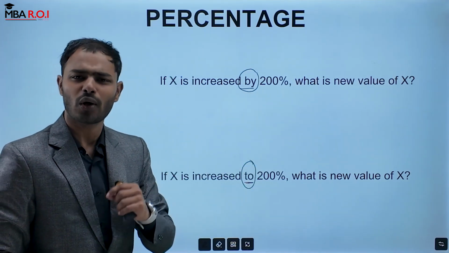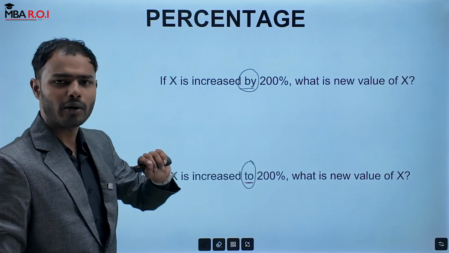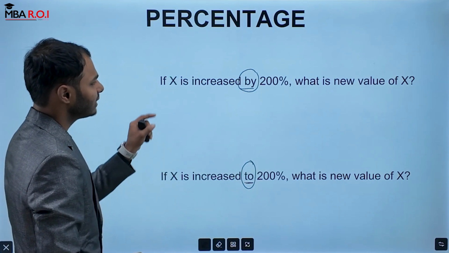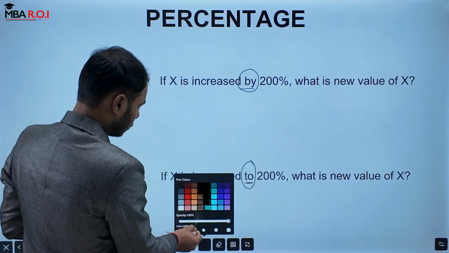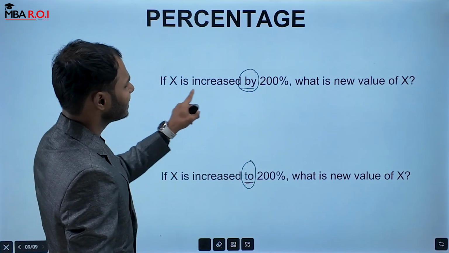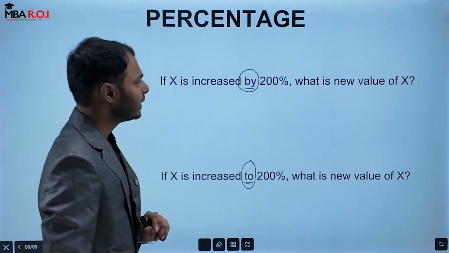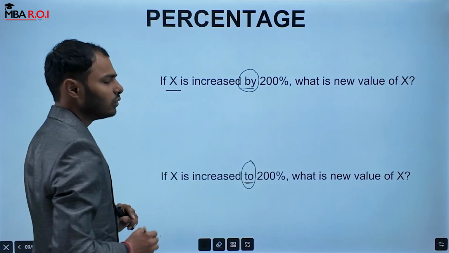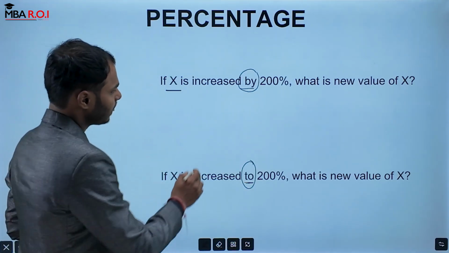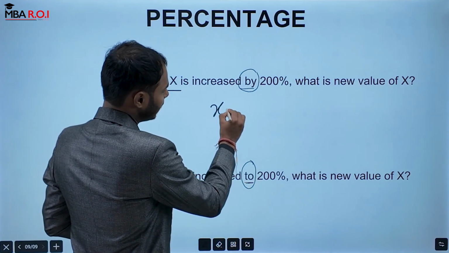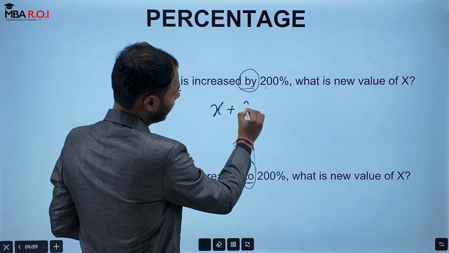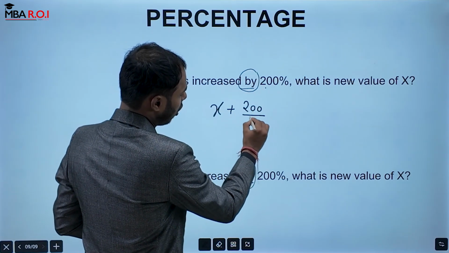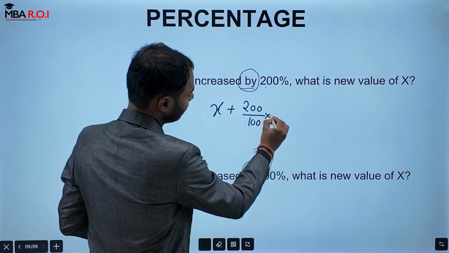So you have to be very careful with these types of questions. How are we going to solve them? Let's talk about the first question, where you have this increased by. Whenever you have increased by, in the initial value, which in this case is x, we are going to add 200% of the initial value.